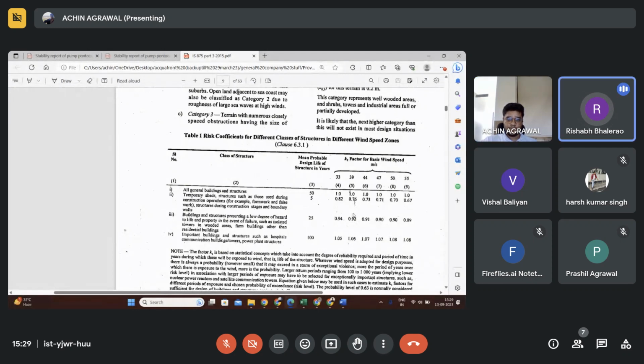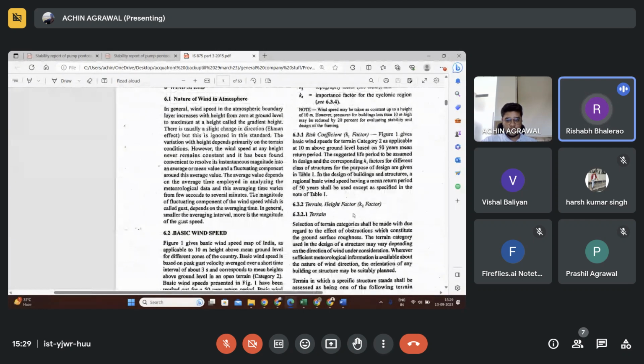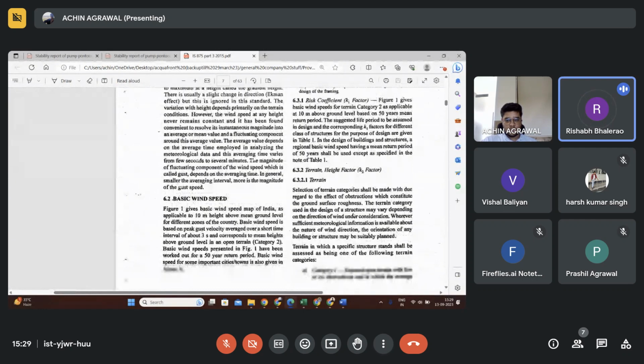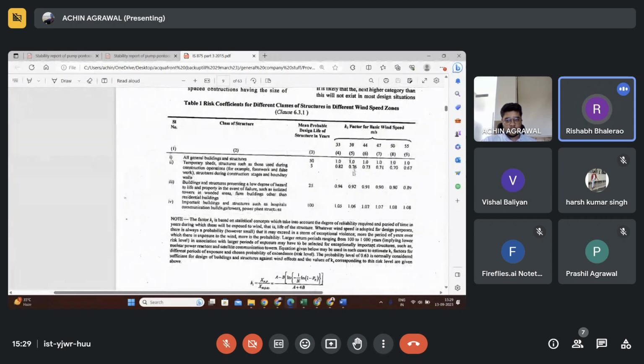Is interpolation possible for any value between them, or should you take the maximum value? Usually for such cases we do linear interpolation.